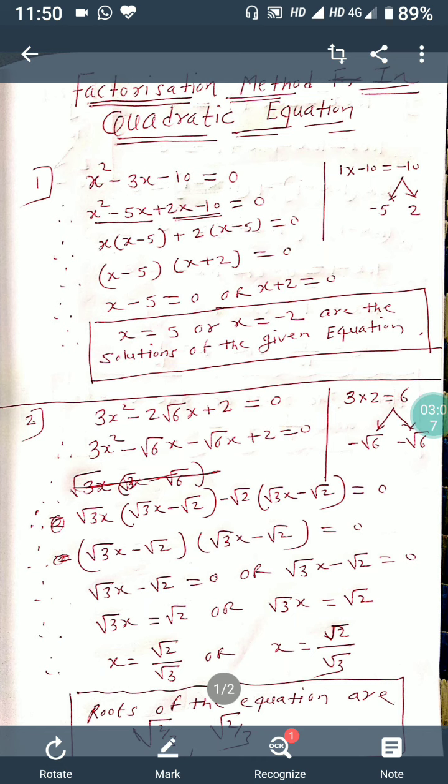From the first group you can take x common: x into bracket x minus 5, plus from the second group you can take 2 common: 2 into bracket x minus 5 is equal to 0. Here you can observe that in every case of factorization of a quadratic equation you will get two same brackets, that is x minus 5, x minus 5.